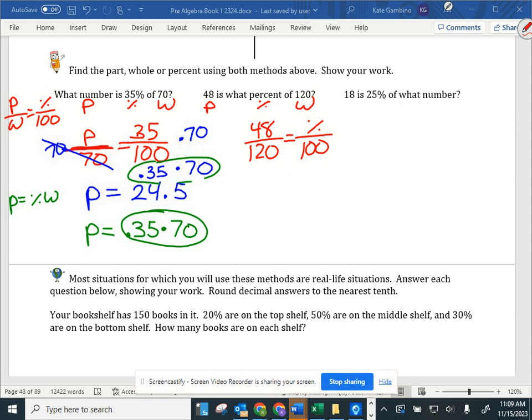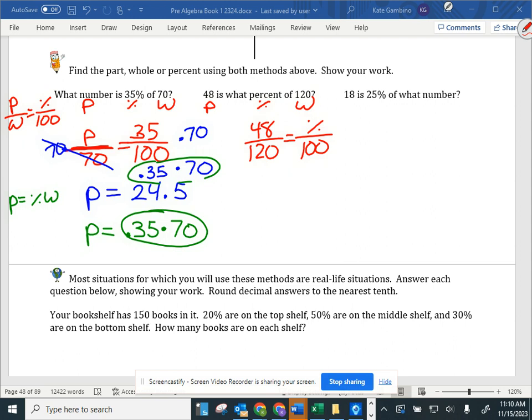Jude, what do I need to do? Would you divide 48 divided by 120? We could do that. Then I'm not done. What would I have to do after that?